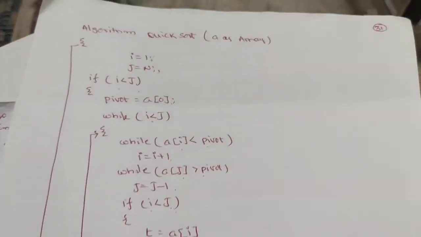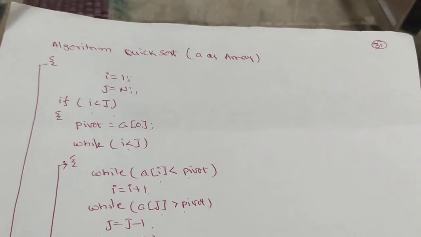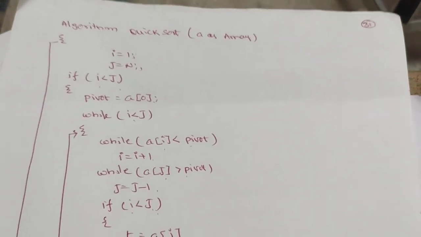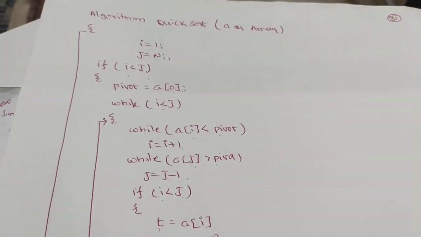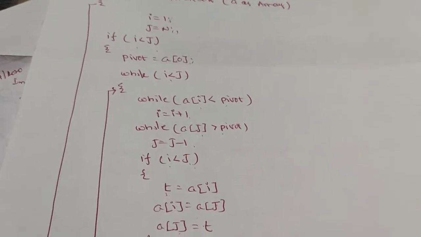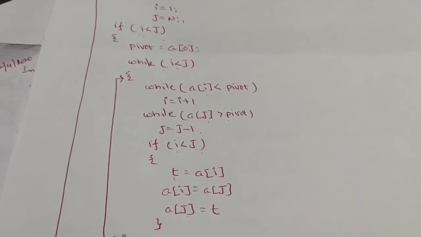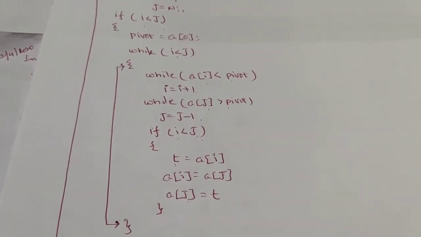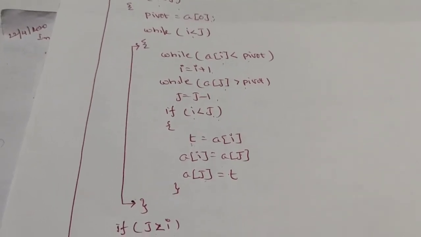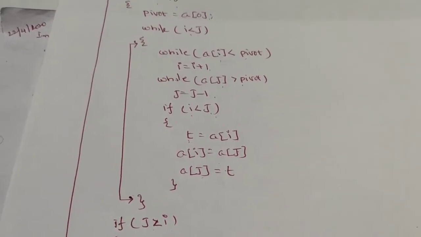My dear friends, once again I show the algorithm from top to bottom. First I consider the left index as 1 and the right index as the last element, and a of 0 is considered as the pivot element. The pivot element is continuously compared with the left index values and the right index values. When the left index value is less than the pivot, the left index is increased.